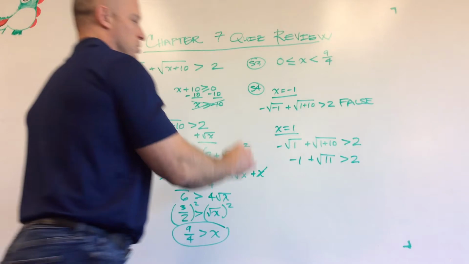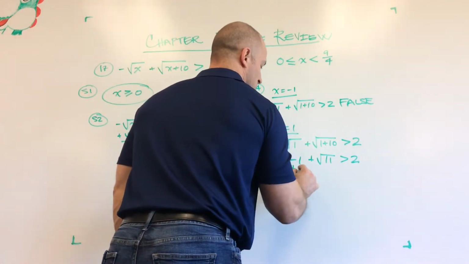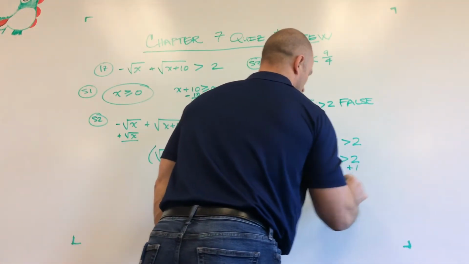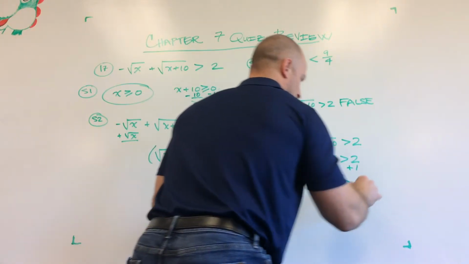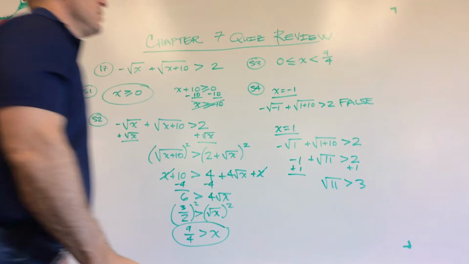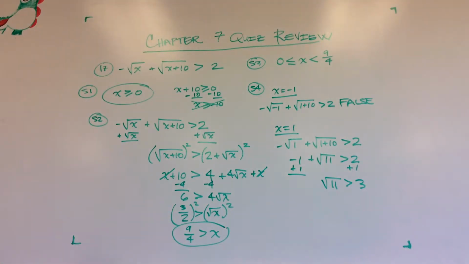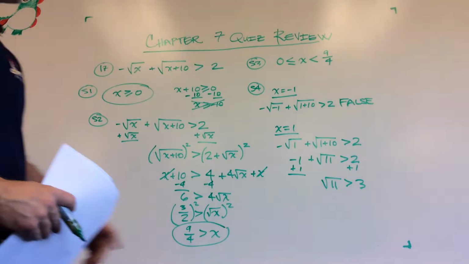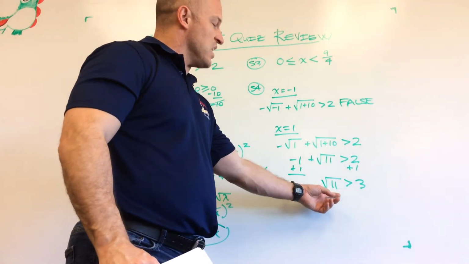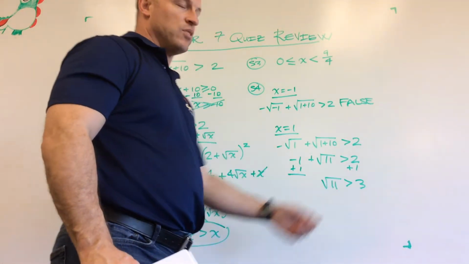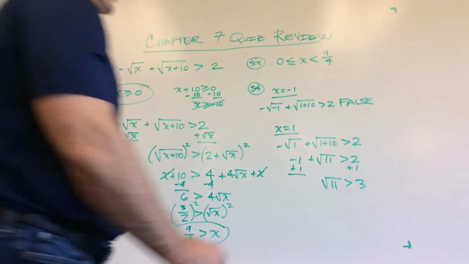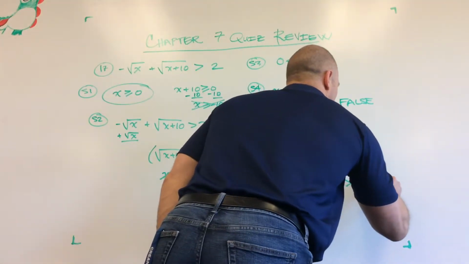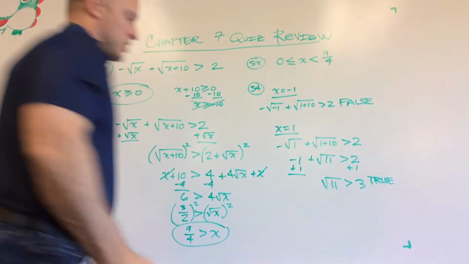We can add 1 to both sides. So we're going to get the square root of 11 is greater than 3. Well, we know that's true because square root of 9 would give us 3. Square root of 11 is going to be larger than that. So even without looking at our calculator, we can clearly see that this is a true statement, as we expected.